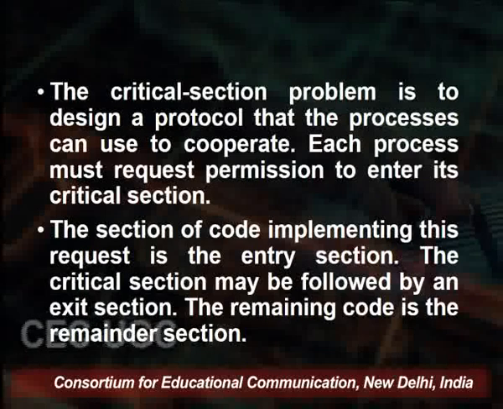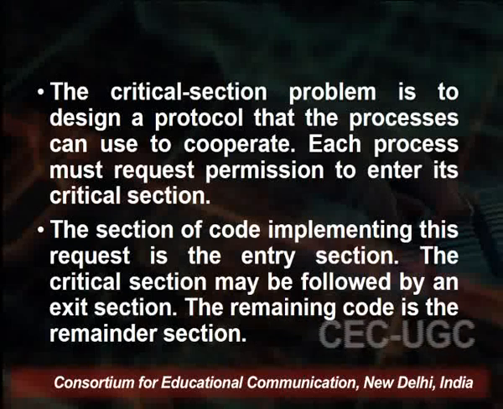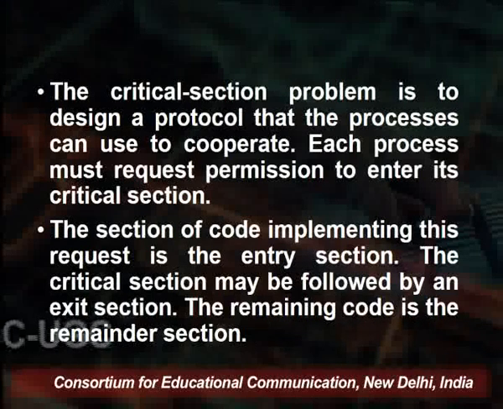Now, coming to the solution of this critical section problem, how are we going to establish that only one process is allowed to enter its critical section? Basically, the critical section problem is about designing a protocol that all these processes can use to cooperate, which ensures that a process must request permission to enter its critical section.